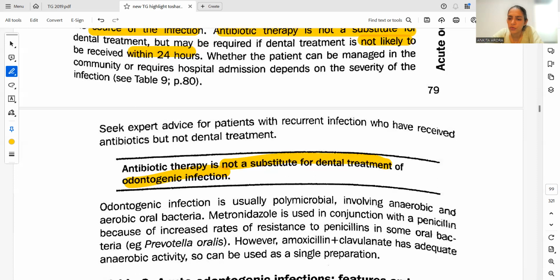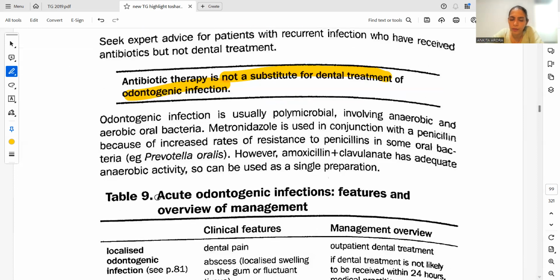Odontogenic infection is usually polymicrobial, involving anaerobic and aerobic oral bacteria. Metronidazole is used in conjunction with the penicillin because of increased rates of resistance to penicillins in some oral bacteria, for example Prevotella oralis.